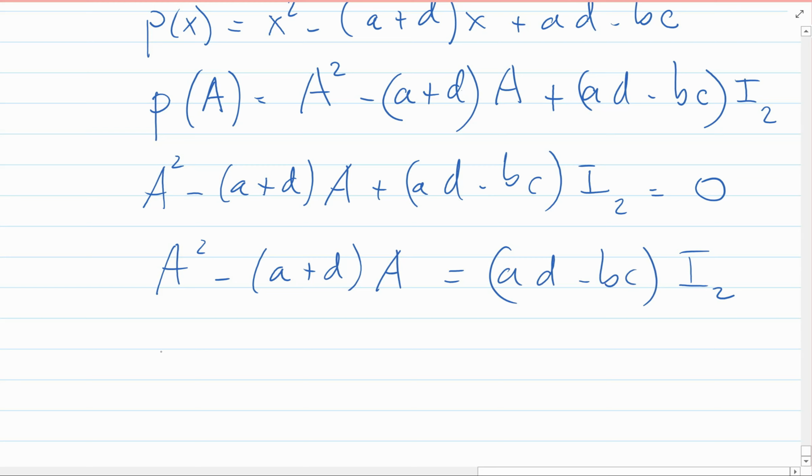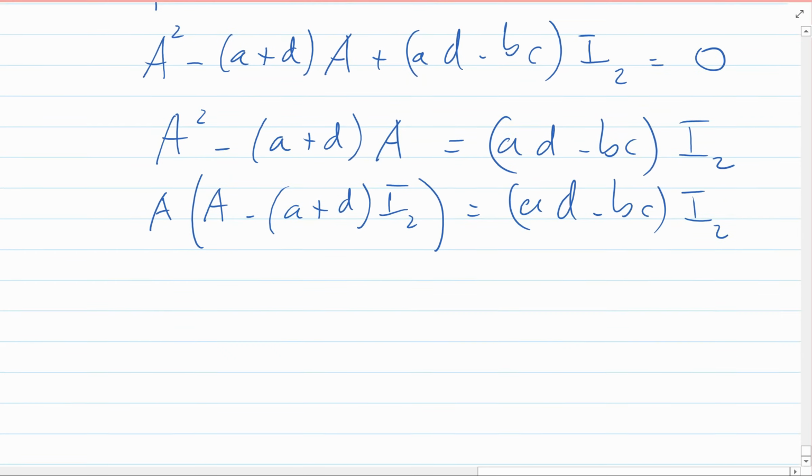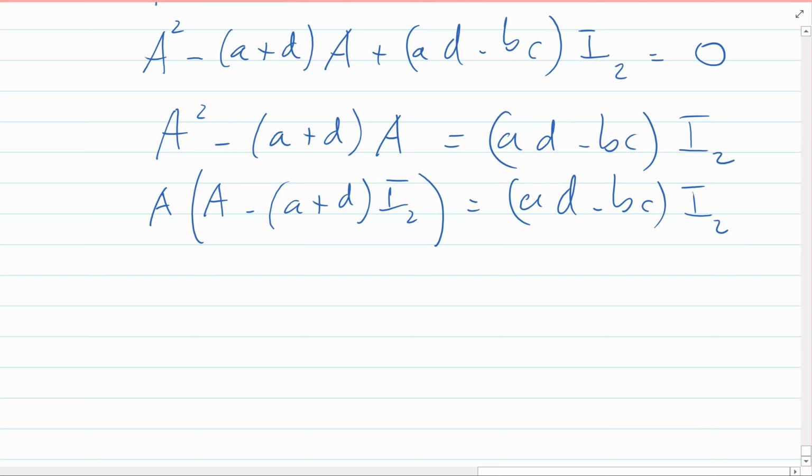Now let us factor out A. And let us put A times (A minus (a plus d) times I) equal (ad minus bc) times I2. So now what happened? We want to divide by this number ad minus bc. So assume ad minus bc not equal to 0.